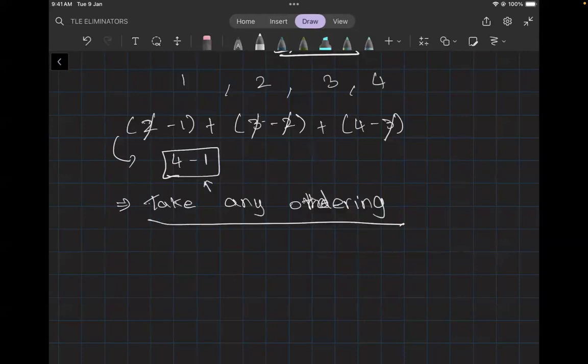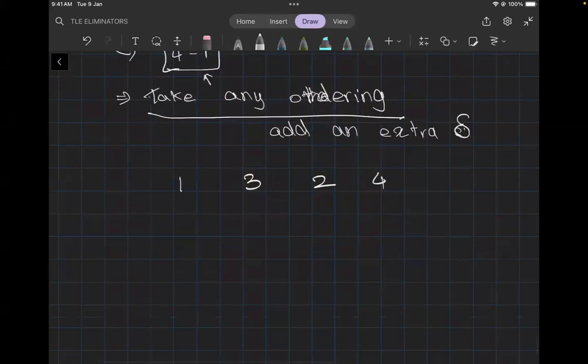If you take any other ordering, you add an extra something, delta. For example, instead of 1 2 3 4, we took 1 3 2 4. Here it is 3 minus 1 plus 3 minus 2.